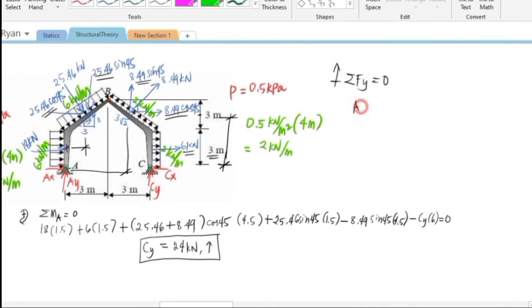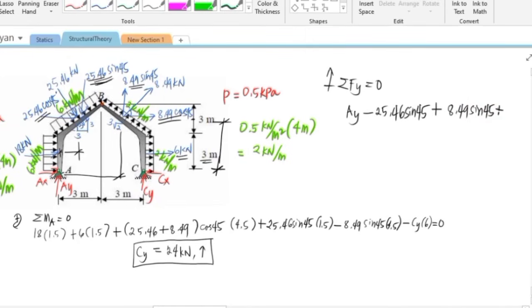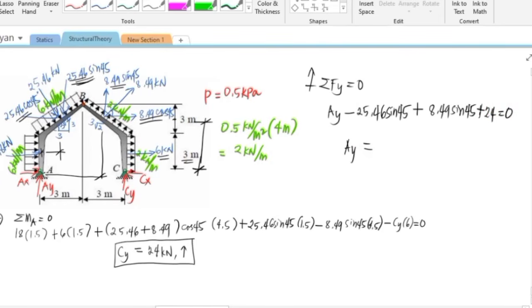So AY, in-assume natin na siya ay upward, so that's positive, minus itong vertical component ni 25.46, that's 25.46 sine of 45, plus the vertical component of 8.49, that's 8.49 kilonewton sine of 45, and the CY directed upwards, so that's positive 24 kilonewton is equal to 0. Computing for the value of the AY is equal to negative 12 kilonewton.